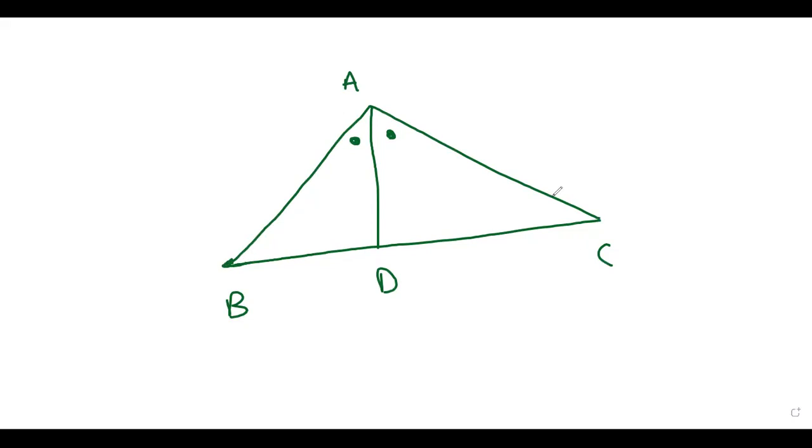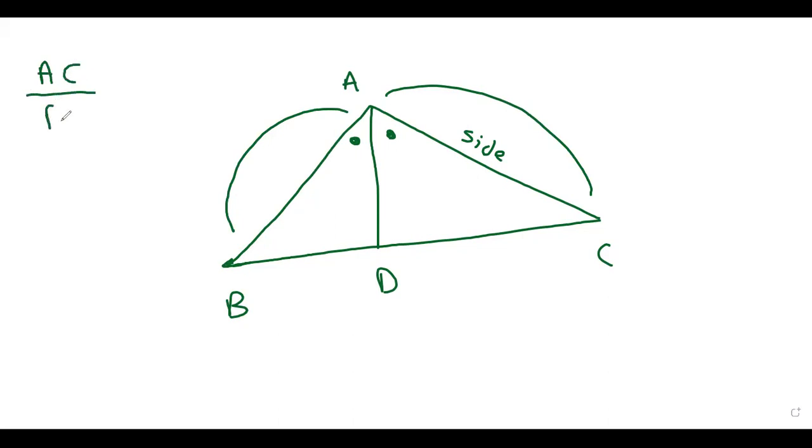We have got AC, this is a side, over AB. If you are going to find the ratio of AC and AB, so AC over AB is equal to CD over BD.